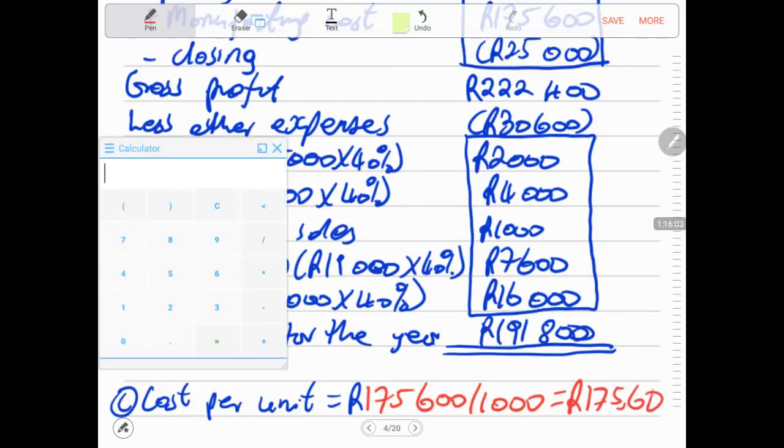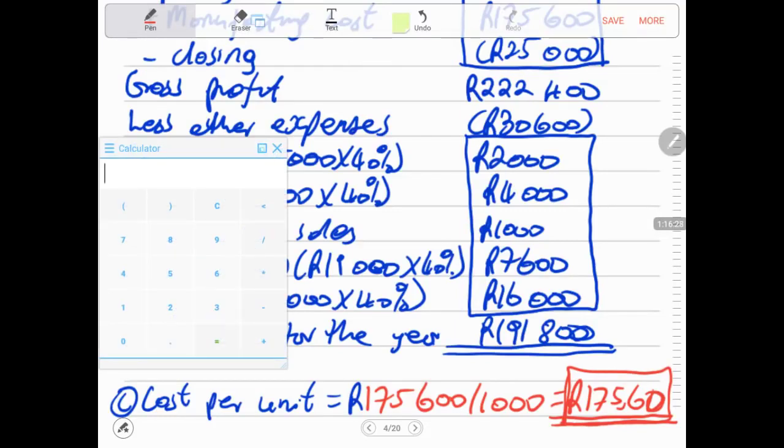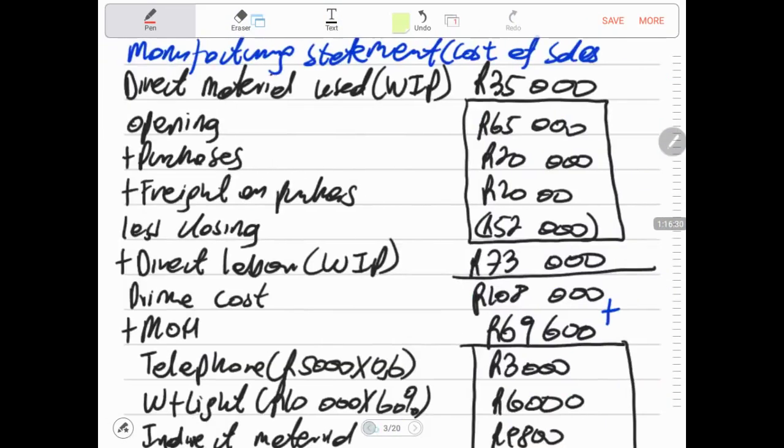Let me just confirm that. 175,600, divide this by 1,000, it gets us 175 rand 60 cents. This will be the manufacturing cost per unit. If we manufacture 1 unit, it costed us 175 rand 60 cents. Now, with that being said, guys, I hope this makes sense.